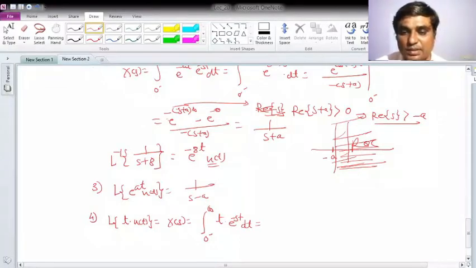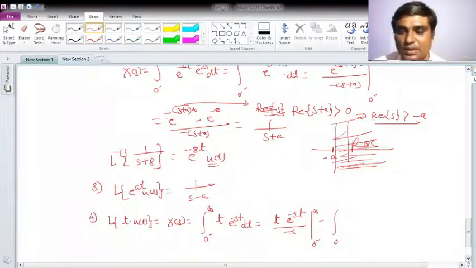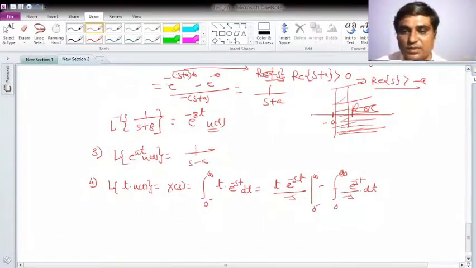We'll use integration by parts: first function into integral of second, minus integral of derivative of first into integration of second. Here it will be e raised to minus st over minus s, and if you put in the lower limit and higher limit with the proper value of the real part of s, this term will vanish.